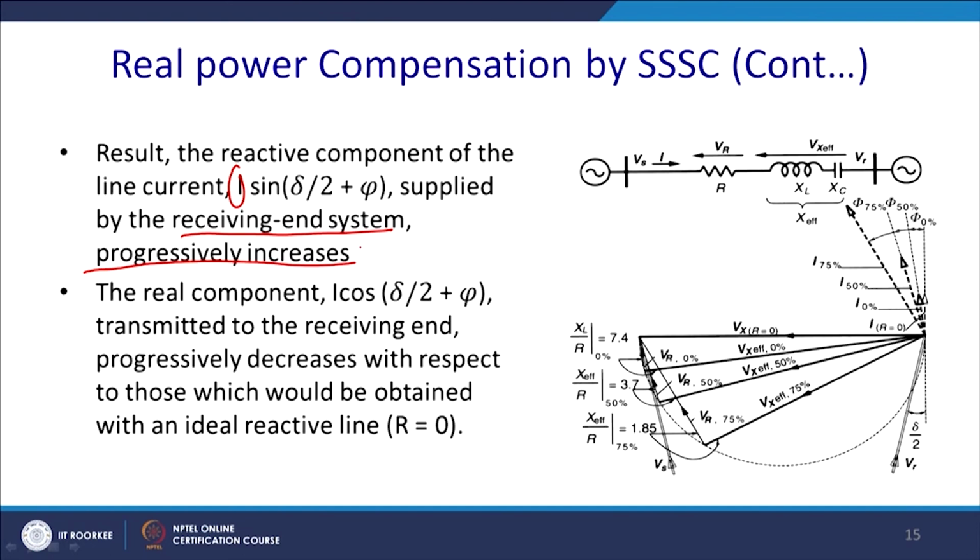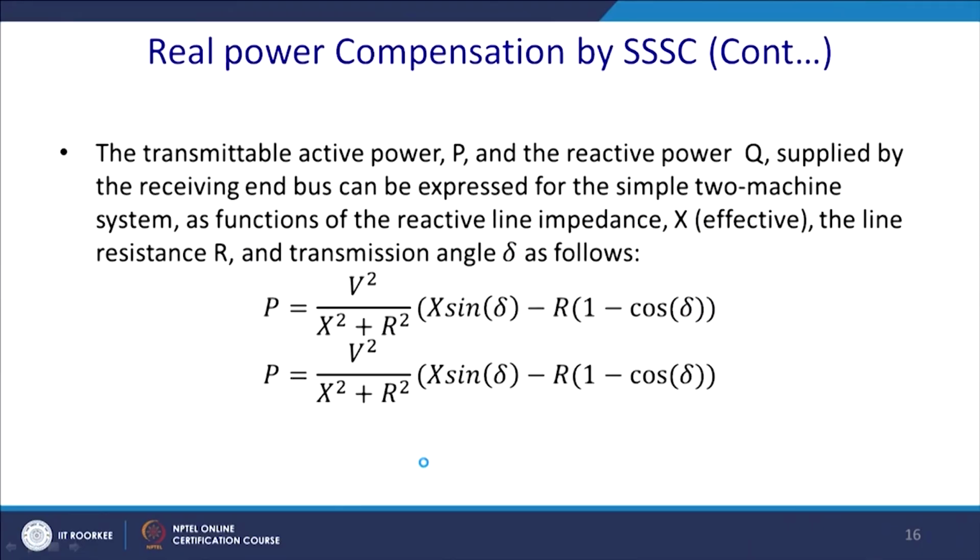So, the real component, I cos(delta/2 + phi), transmitted to the receiving end progressively decreases with respect to what would have been obtained in the ideal reactance line when R equals 0. So, this is the disadvantage: the real power handling capability decreases if the X by R ratio decreases. That is what will happen. So, you have to change this value.